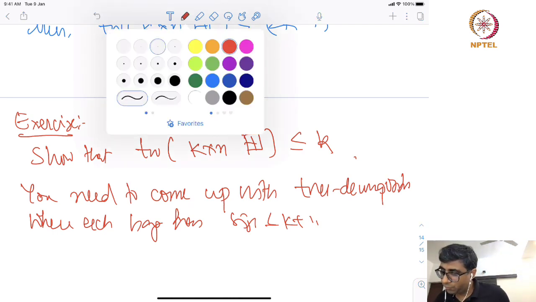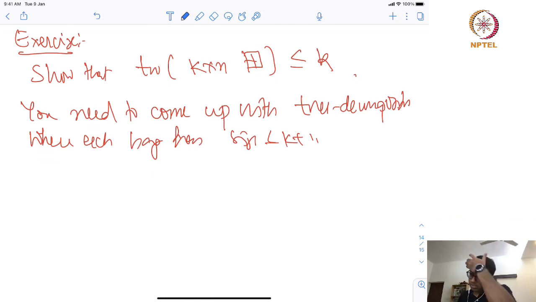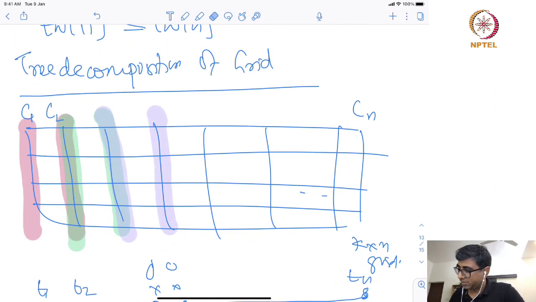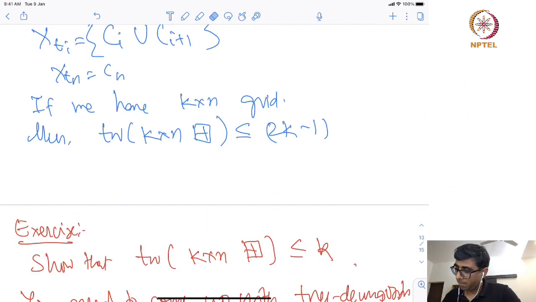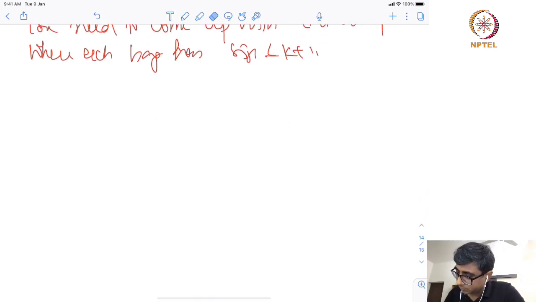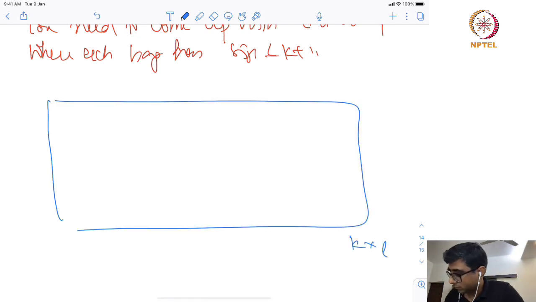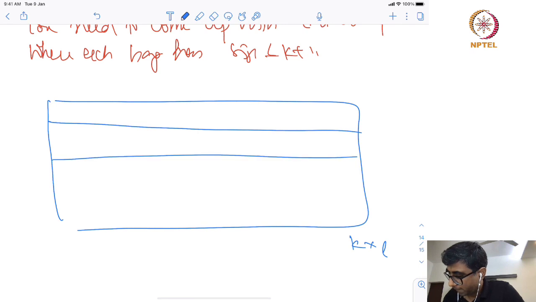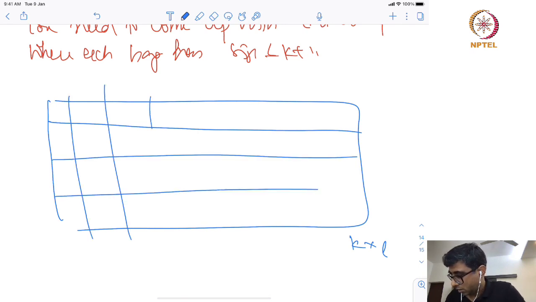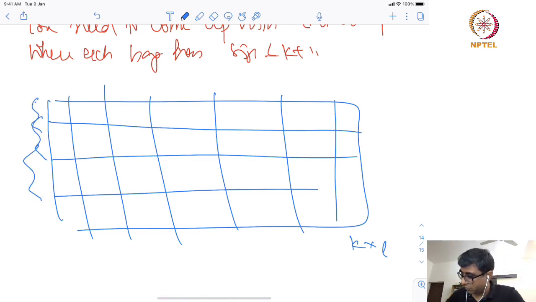Before I end today's lecture, let me make a last comment. We assumed that we have a k cross n grid, but actually suppose we had some k cross l grid. We could also make another tree decomposition where we take these two rows together, then these two together, and so on.